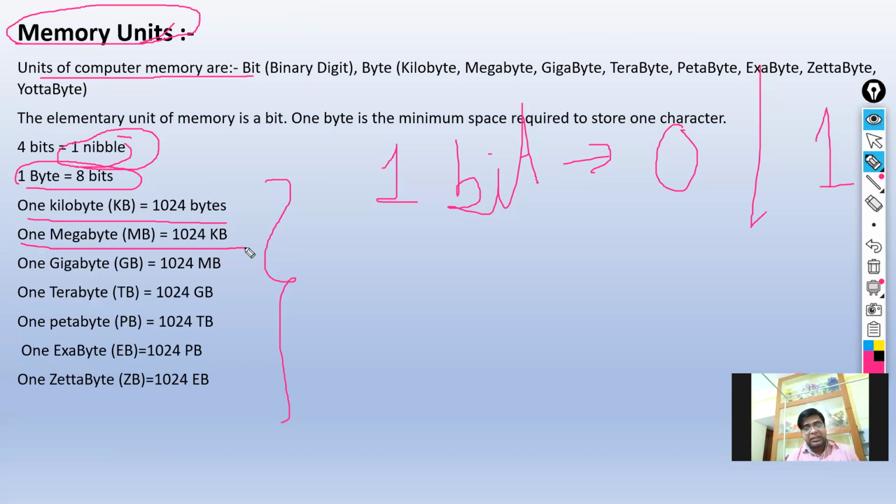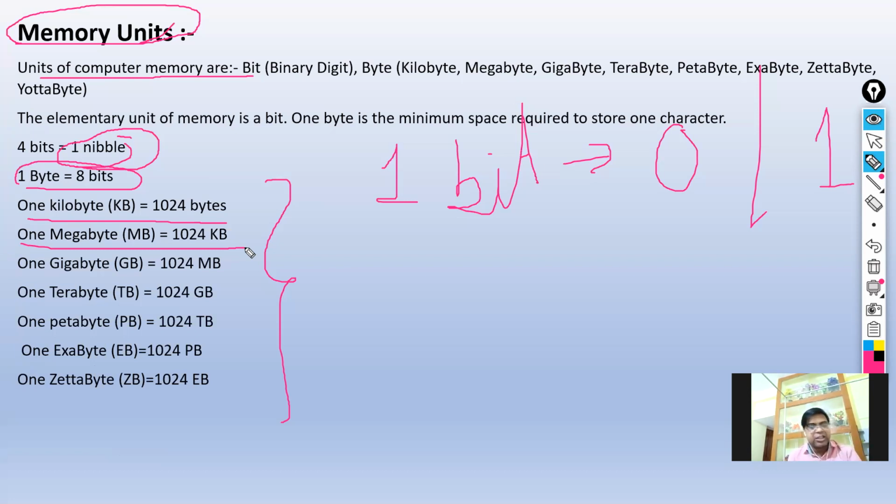Like when you are going to purchase potato or tomato, we go for kilogram and gram. So here 1 kg equals 1000, but don't be confused here.